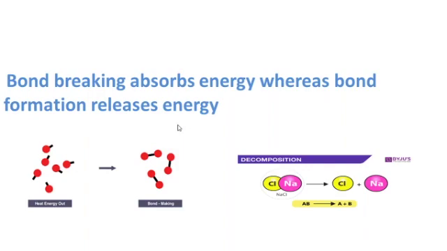At the time of formation of a bond, energy is released, and heat energy is given out. Different types of atoms form a bond between two atoms. Decomposition reaction: NaCl is converted into Cl and Na, the bond between sodium and chlorine breaks down. Bond breaking absorbs energy, whereas bond formation releases energy.